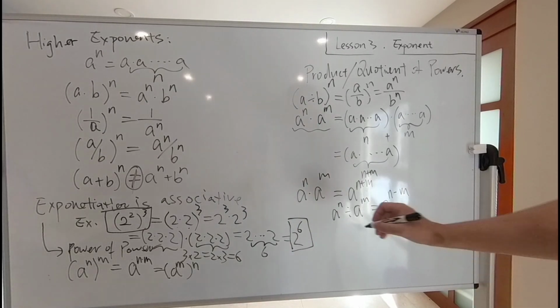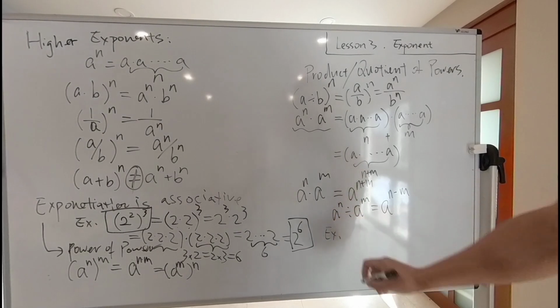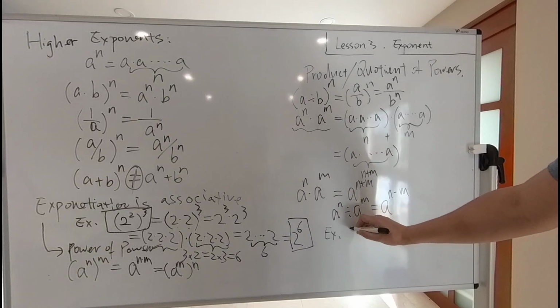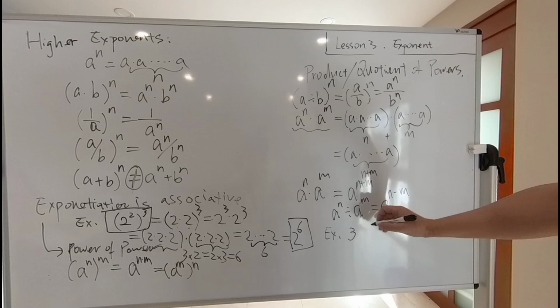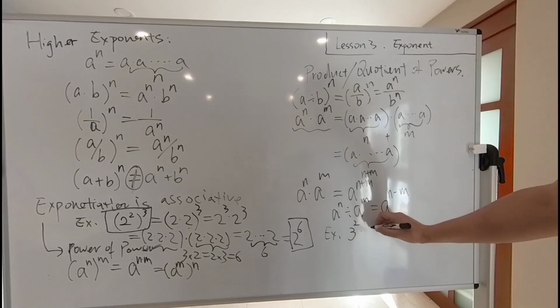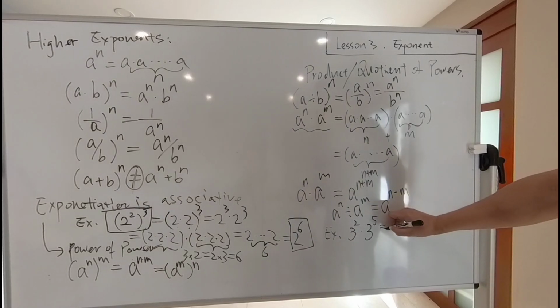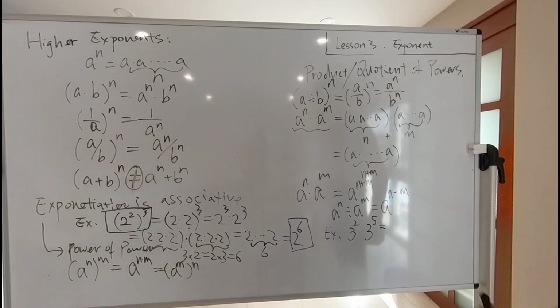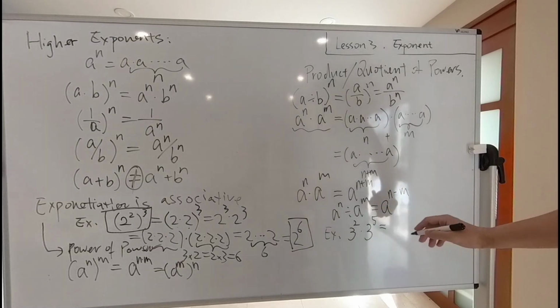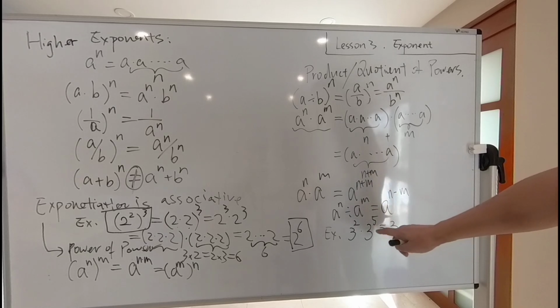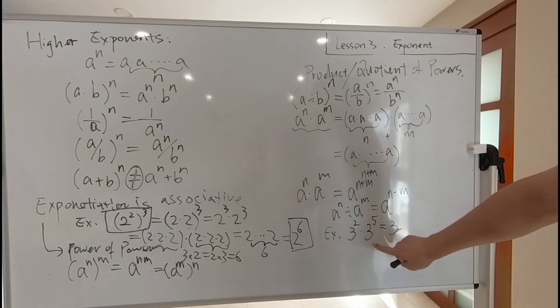Right, so for example, let's just see one quick example to see how to utilize this conclusion. So for example, if I have 3 squared times 3 to the 5th power. Let's see how to simplify this. We don't really have to solve it, but there's a way to simplify this by writing it as just one term. You see that we have the same base.